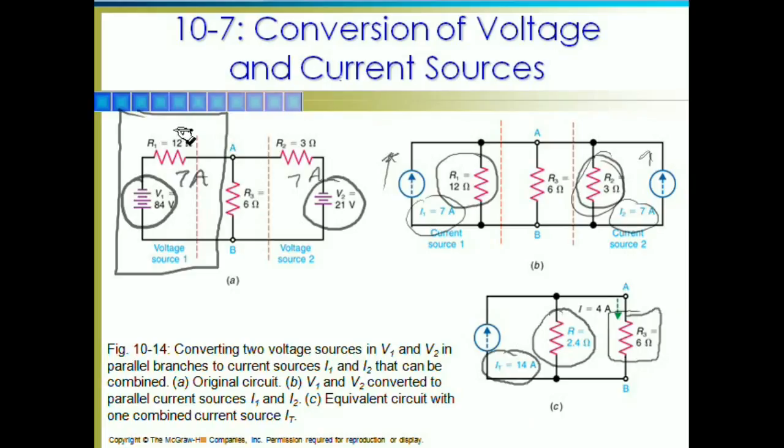So instead of going through everything we went through using superposition and the Thevenin formulas, the Norton equation makes this one much simpler. So instead of using a voltage source, we just run it straight across with a current source.